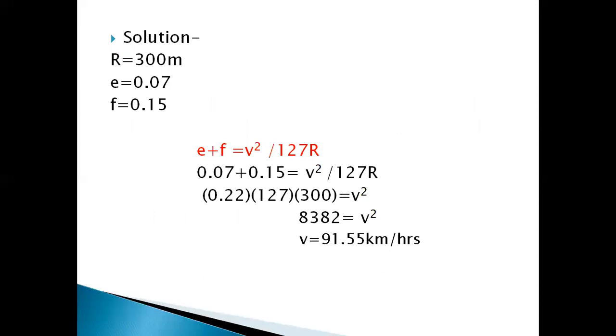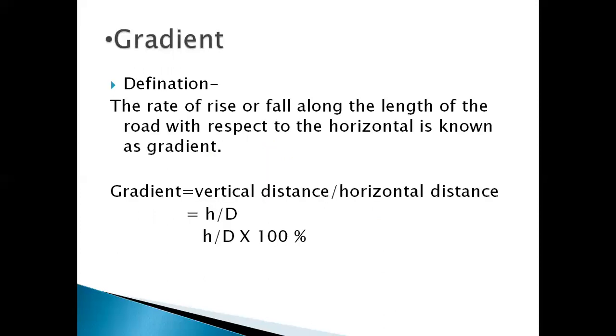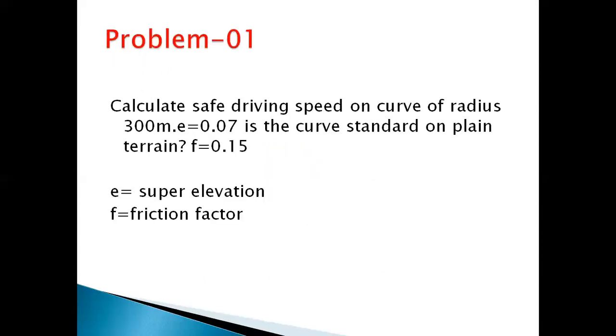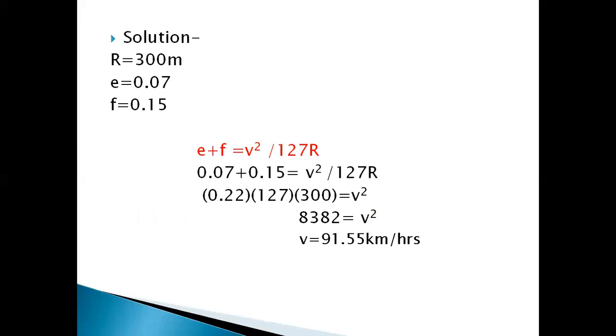In this problem we have given R equal to 300 meter, that is, the radius of curve is 300 meter. Then the super elevation is 0.07 and the friction factor is 0.15.